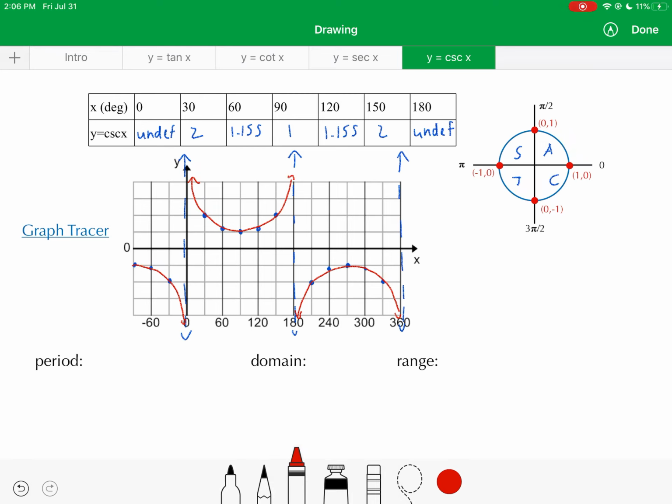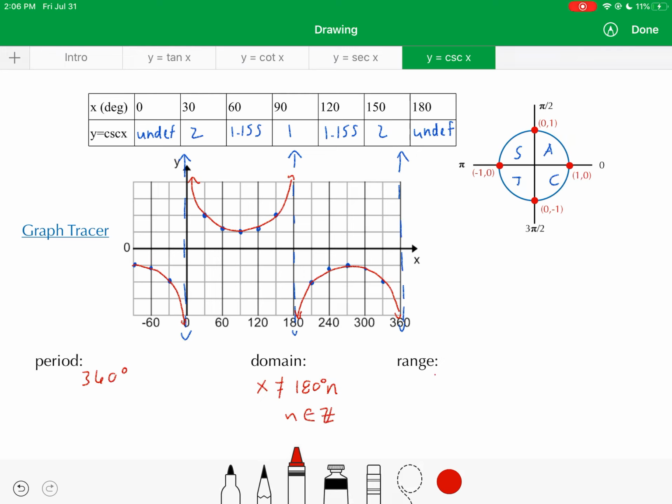Okay. Period, once again, just like the secant function, 360 degrees. Domain, your first asymptote occurred at the y-axis and then didn't occur again until 180 degrees. So any multiple of 180.